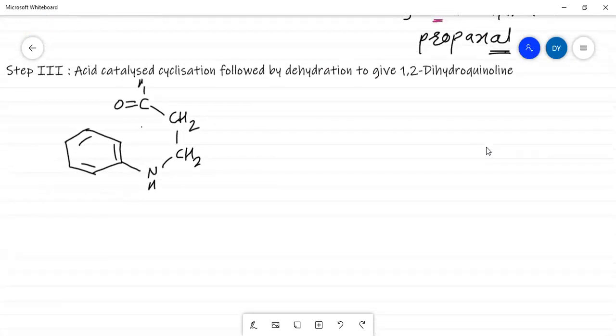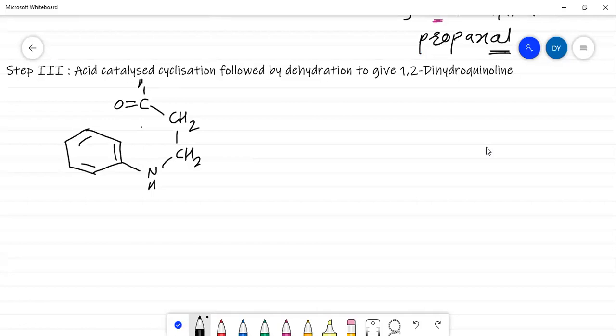So there is an acid catalyzed cyclization. Now, what do you mean by acid catalyzed cyclization? Acid catalyzed cyclization means there is an acid, which we call H plus, used as a catalyst here. Now, what is the use of this catalyst? Here the bond between carbon and oxygen breaks towards oxygen, and this oxygen is attached with this hydrogen.